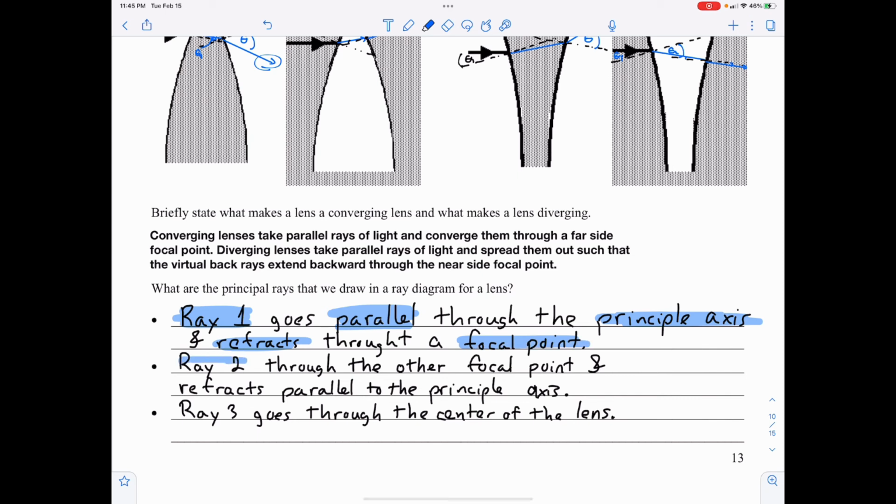Ray 2 is going to go through the other focal point and refract parallel to the principal axis. Ray 3 is the easiest one of all. It is literally just going to go through the center of the lens, unrefracted. Okay, let's put these into practice.